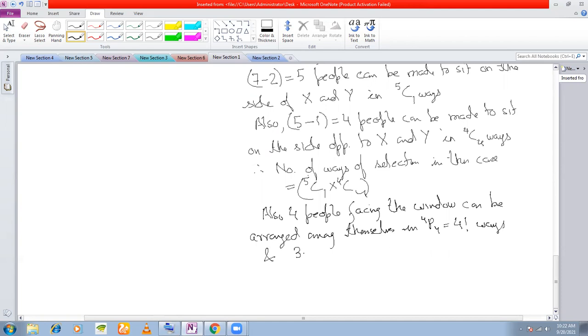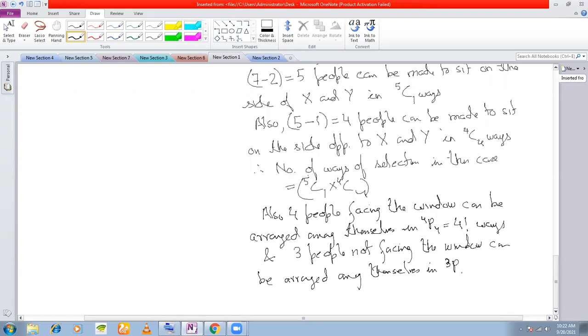And 3 people not facing the window, just as earlier I have told you, can be arranged among themselves in 3P3 equal to factorial 3 ways.